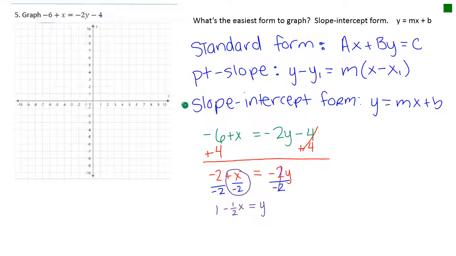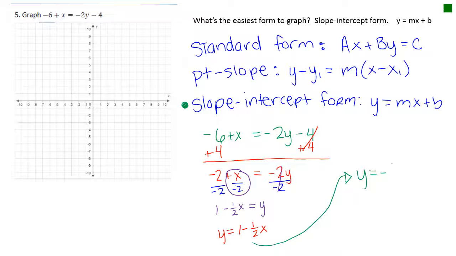We have it in slope-intercept form, but it just looks a little different. So I'm going to rearrange it, and we're just going to switch it so it's y equals 1 minus 1/2 x. So all we did is we just used the commutative property. We just switched them. Then from here, we want that group of x's to come first.